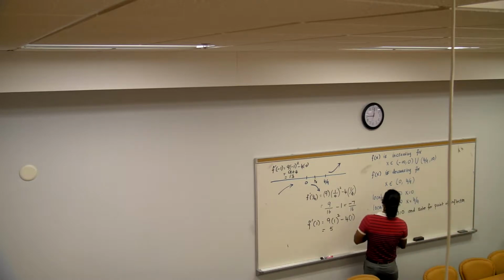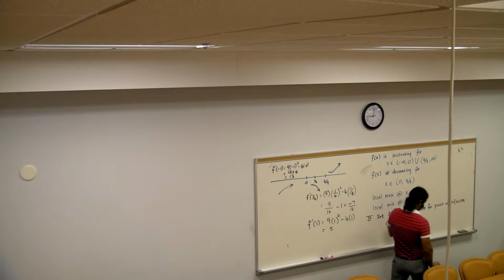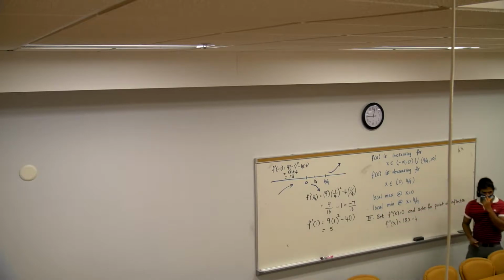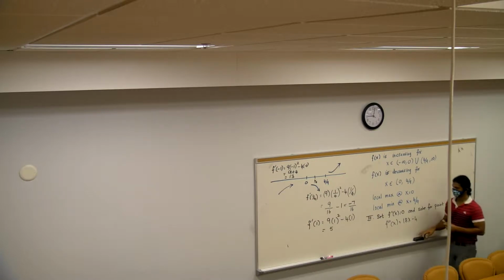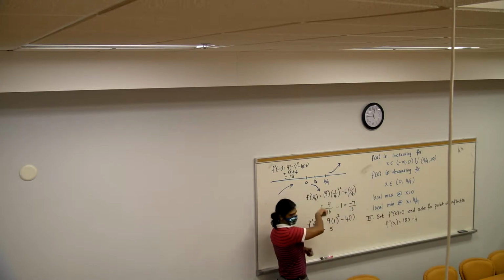The second derivative is 18x minus 4. Can I erase this down? Yes.